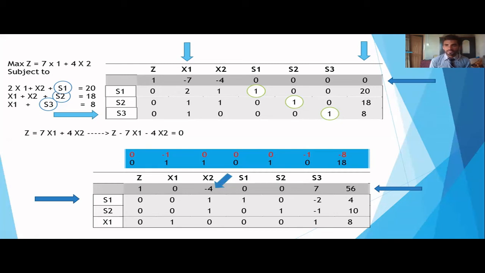In the first constraint, x2 can increase up to 4 units. To determine this, we divide the constant by the coefficient of the variable. In the second constraint, the variable x2 can increase up to 10 units.